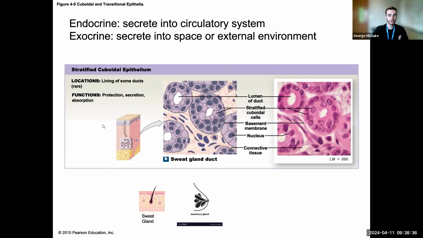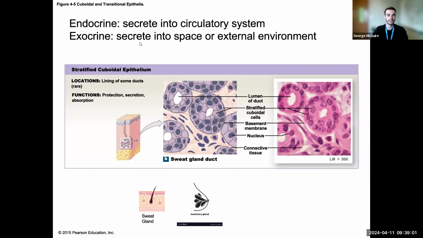And so when referring to glands, they could either be categorized as endocrine or exocrine, or rather, their secretions may be referred to as endocrine or exocrine. So endo is a prefix meaning in, exo is a prefix meaning out. So endocrine secretions are going directly into the circulatory system, whereas exocrine secretions are going into some space or the external environment.